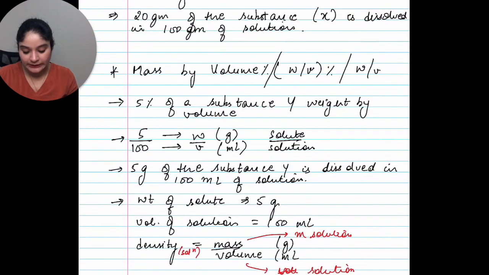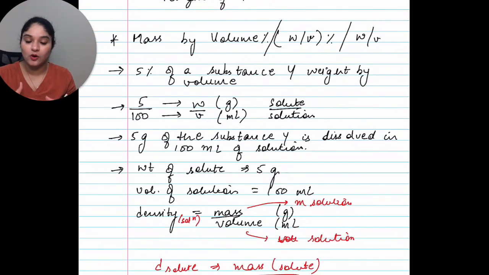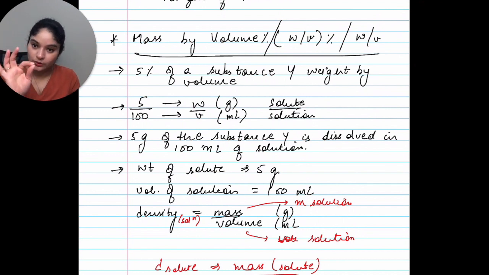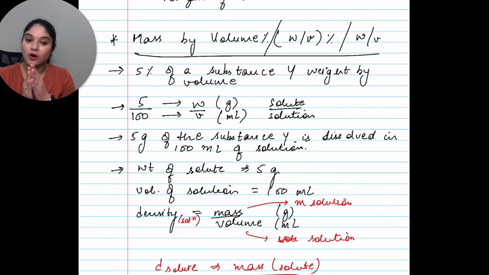So let's quickly take a recap. You have to revise along with me. When we talk about mass by volume, that is M by V, we are talking about mass in grams of the solute divided by the volume of the solution in milliliters. If a question comes up where you're supposed to calculate some information around the solvent, then density will be given to you, either for the solution or for the solute.